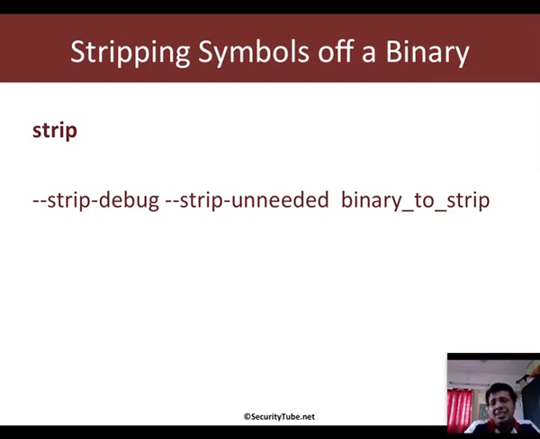Now, what we noticed is that even after doing this, there are some remnant traces available which may allow a reverse engineer to probably understand your program better. So what you need to do is strip all unnecessary information out by using the strip unneeded option. This actually changes your binary, removes all the unneeded symbols, including the debug ones. This is exactly how any decently security conscious developer would probably ship his binary.